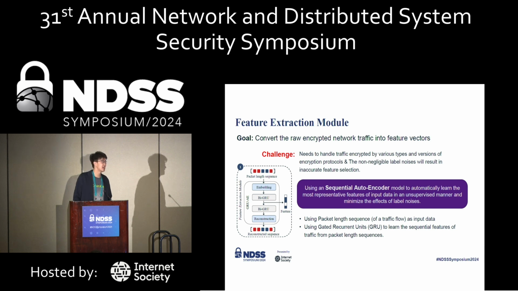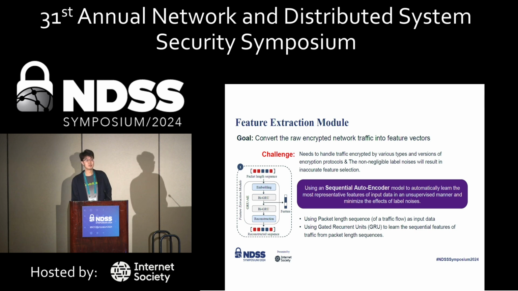It faces two challenges. The first is that traffic is always encrypted by various types and versions of encryption protocols. The second is that non-negligible label noise will result in inaccurate feature selection or poor feature extractor performance.